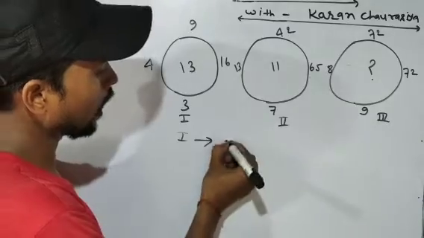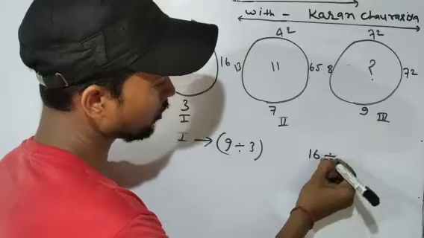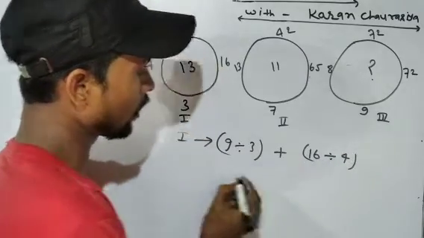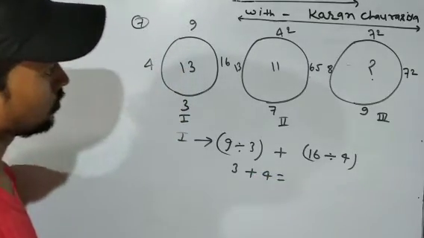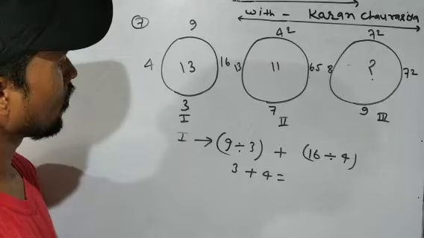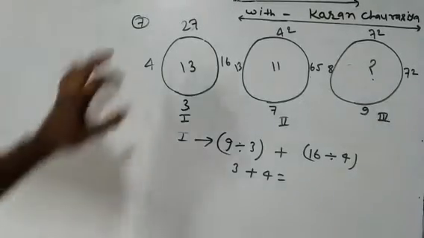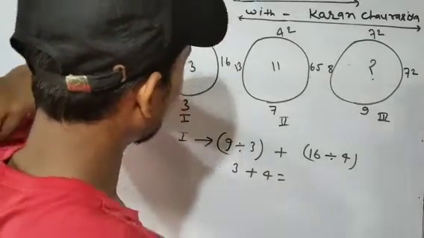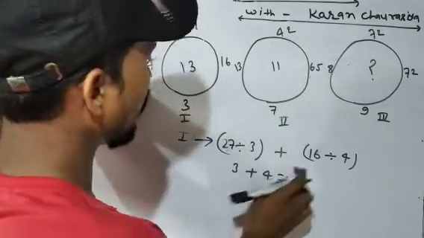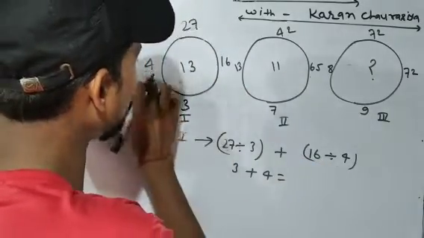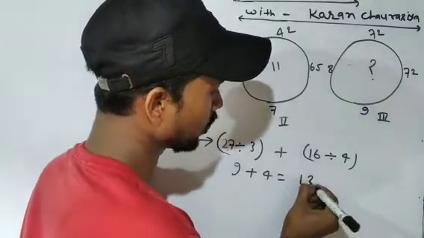First of all, we have to understand how this number has been written. 27 divided by 3 and 16 divided by 4, and we add them, then we get 13.